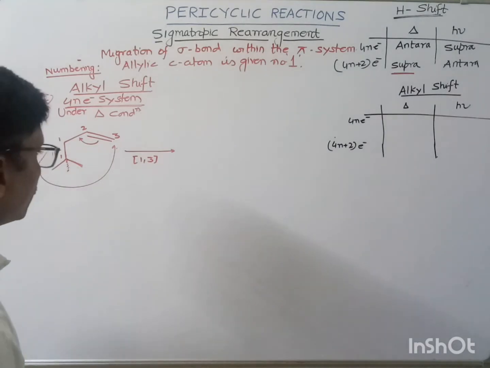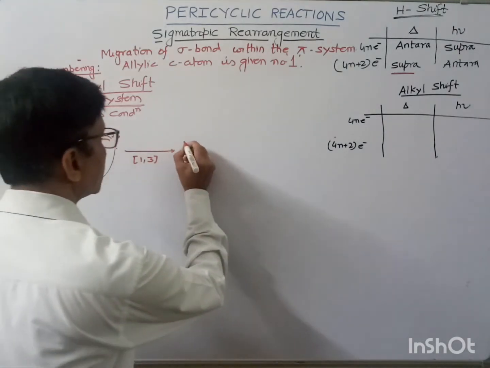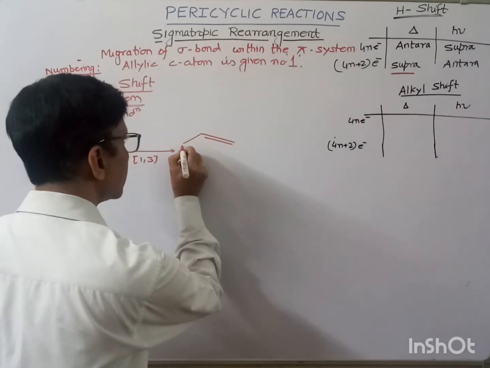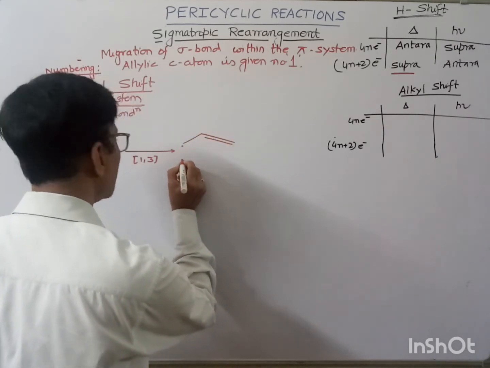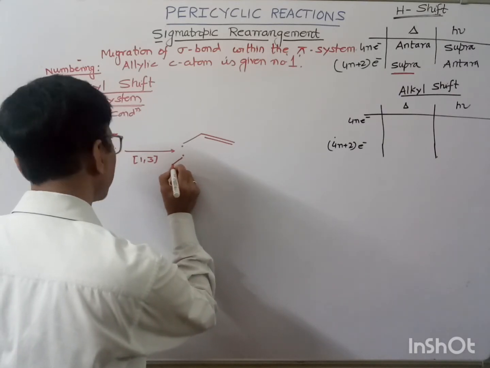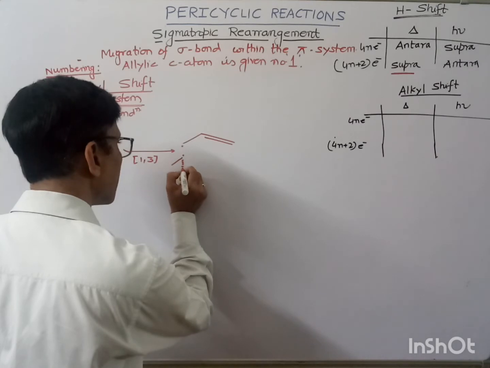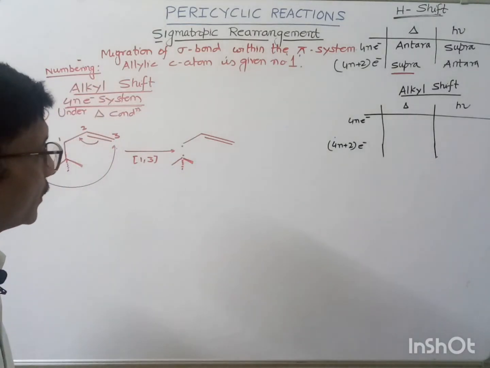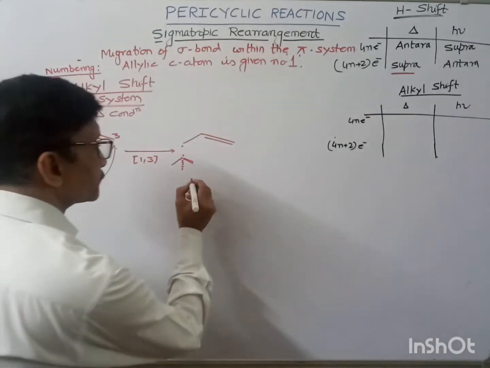Now when it migrates, again consider that a radical is formed. Though I have told you radicals are not formed, I am considering that the radical is formed like this. This is the radical which is formed.